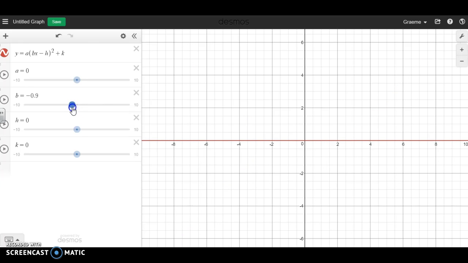The b value of negative, oh, it's got to be a 1. It's hard to tell, but it reflects over the y-axis, or the axis of symmetry. So I'm going to shift it and see if it's a little easier to determine. Let's shift it to there.